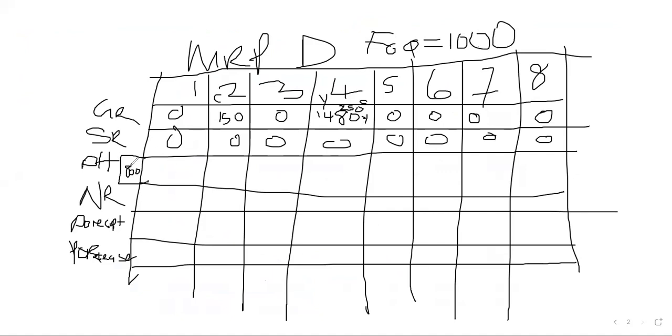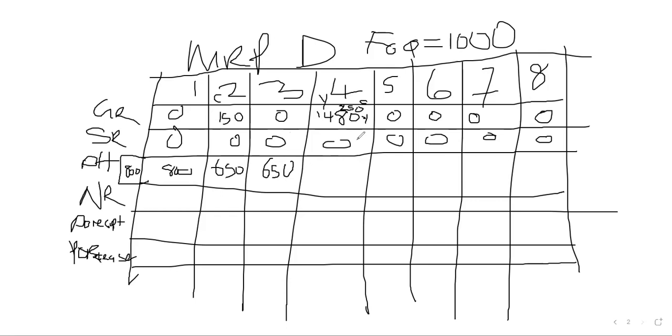So this is 800 plus 0 minus 0, it will be 800. Then 800 plus 0 minus 150, we're getting 650 here. Then 650 plus 0 minus 0 is 650.